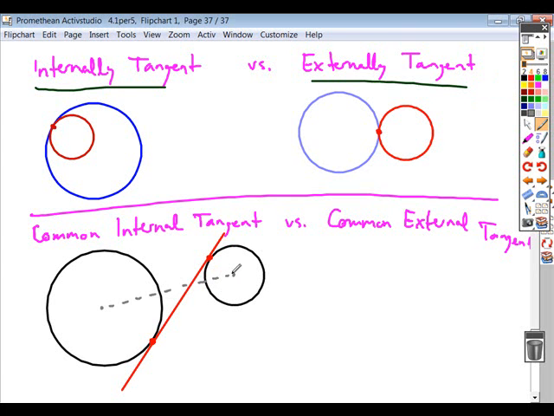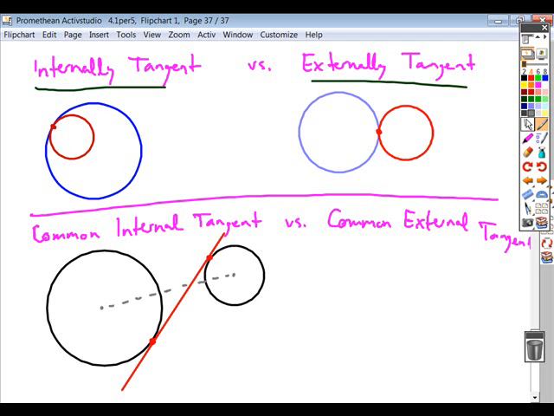So if you think of the imaginary line connecting the centers of the circle, and your tangent crosses through that line, then it's called a common internal tangent. Okay, this tangent passes internally or between or through this dashed line.